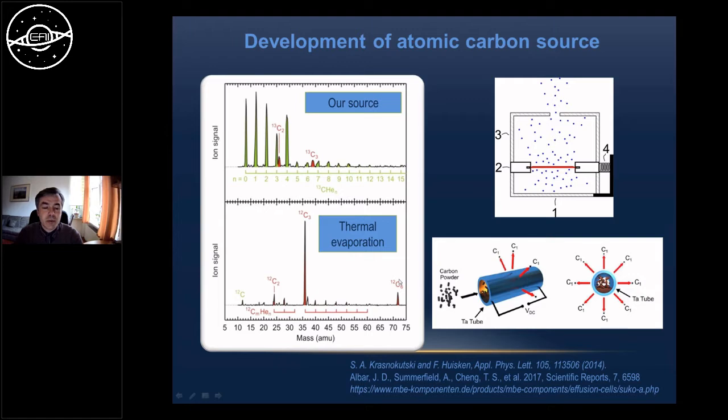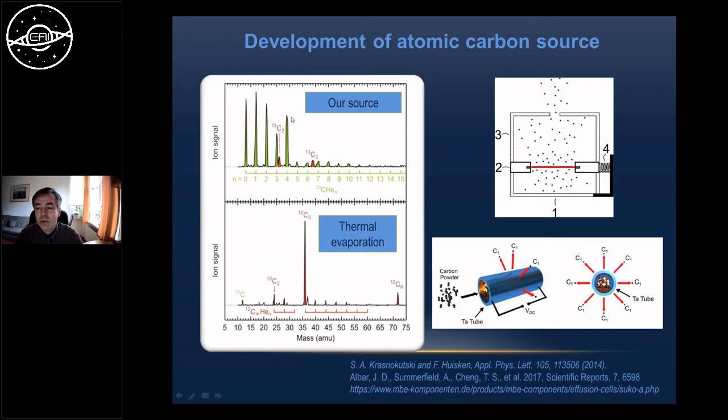And here you can see the mass spectrometry study of our source in comparison with the thermal evaporation of a graphite rod. When the graphite rod is evaporated, we can see the formation in the gas phase of mainly carbon molecules, C3. In the case of our source, we can see the formation of carbon atoms with a few helium atoms attached.